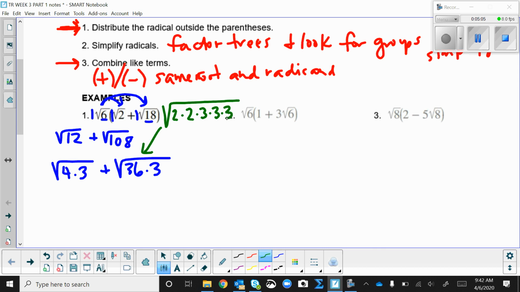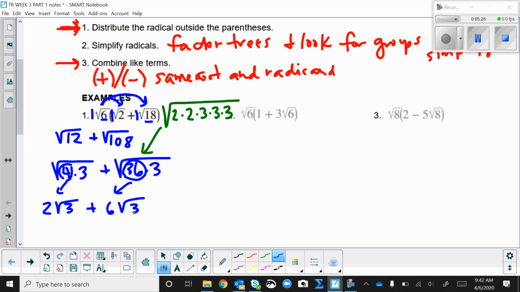That would also give you 108 broken down. So here, the square root of 4 comes out as 2, and then 3 is left over inside. The square root of 36 comes out as 6, square root of 3.